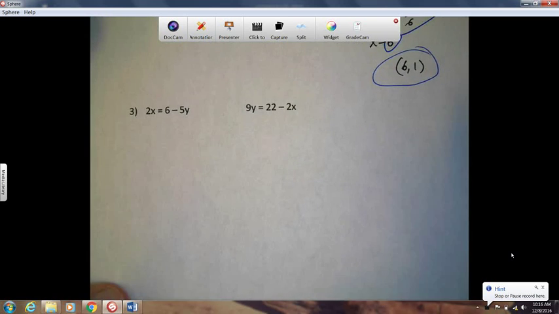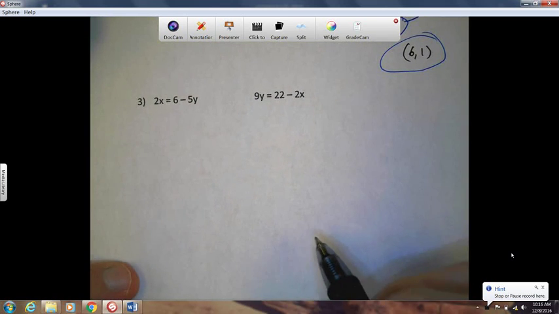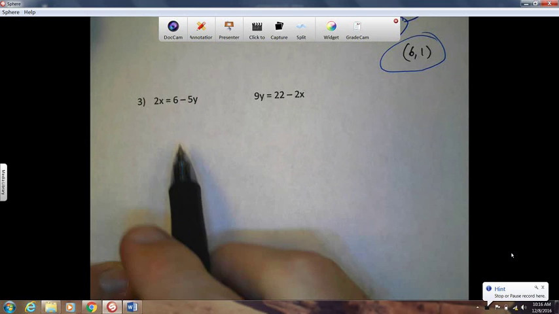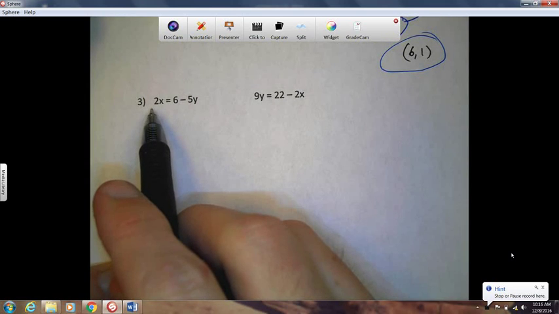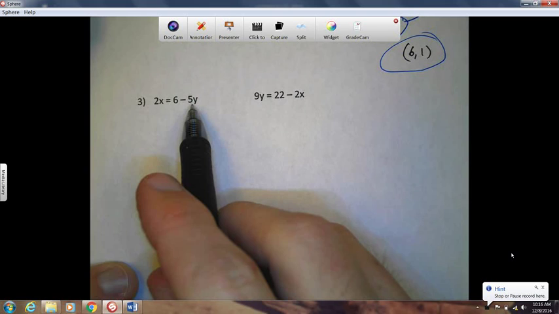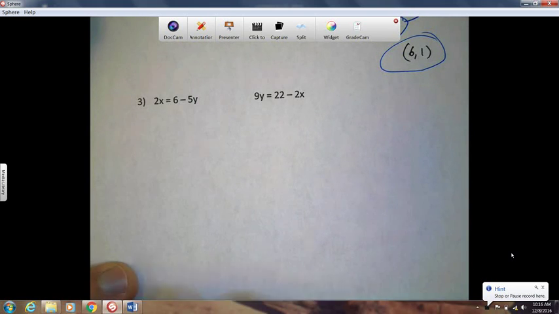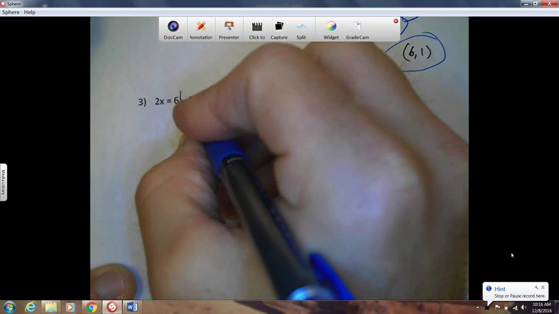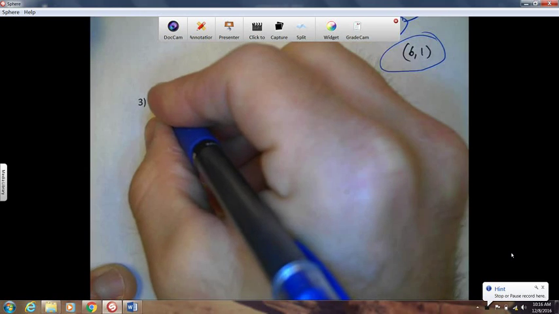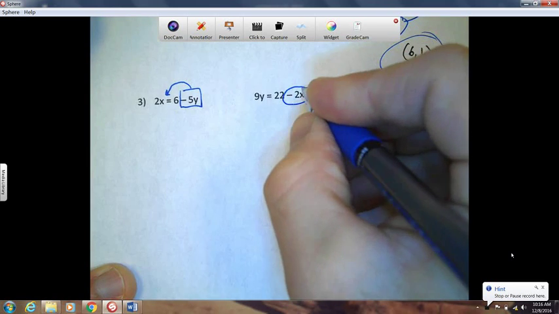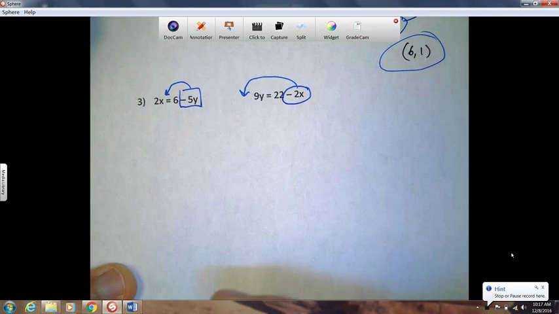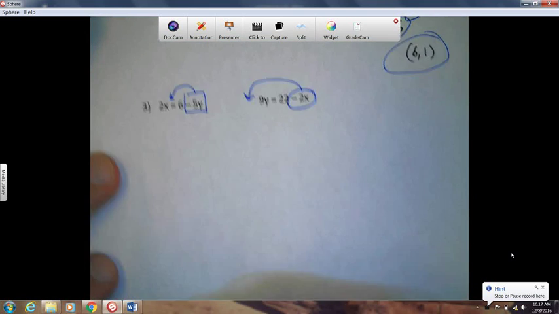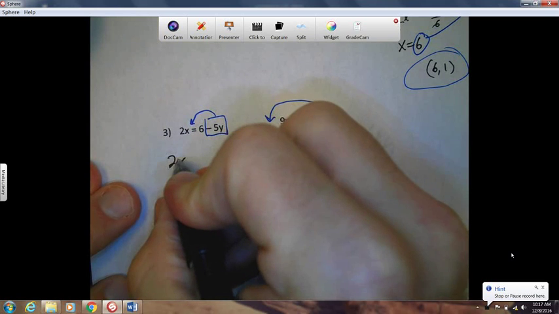So I'm looking at this for number 3, and I have my x on the left, y on the right. Just to get things used to where I like them, I'm going to put my x's and my y's on the same side. So here I have 2x plus 5y.